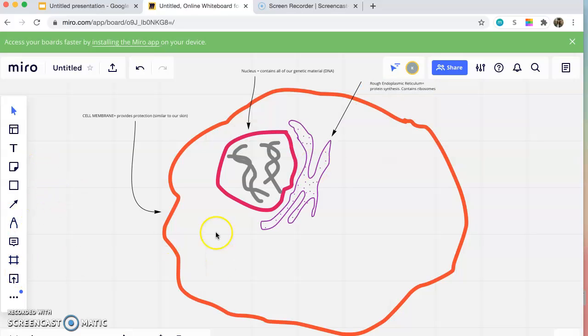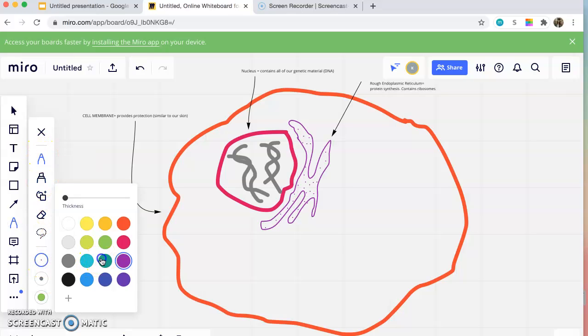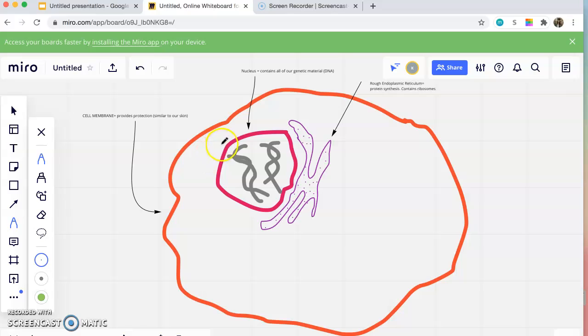All right, our next structure, we're going to talk about the smooth endoplasmic reticulum. It's going to look somewhat similar to the rough endoplasmic reticulum, just minus the ribosomes. You're going to draw a structure somewhat similar looking. I know I'm not an artist, so doing my best. All right.